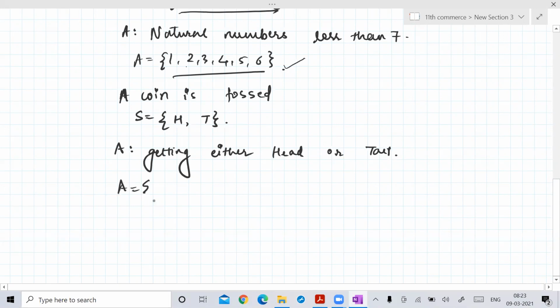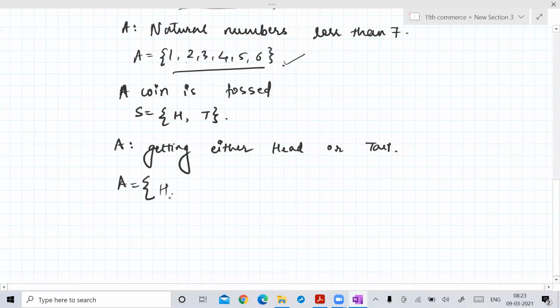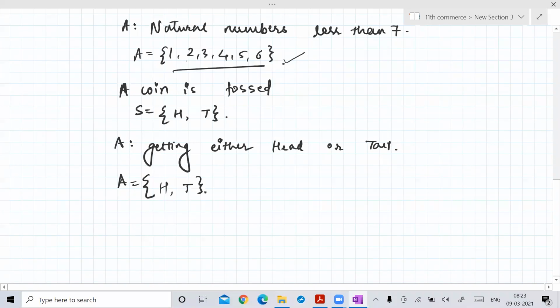So what are the elements of A? Either head or tail. Either H or T. So H comma T are the elements of event A.